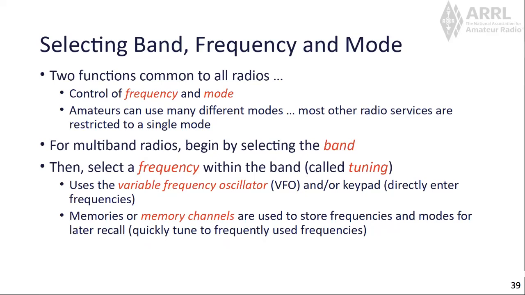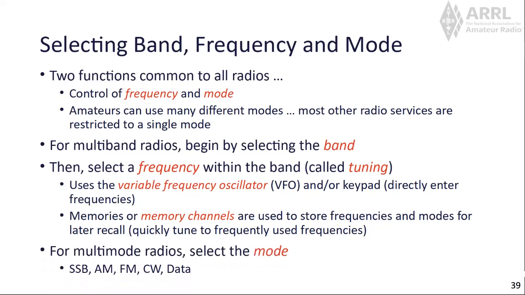It uses a variable frequency oscillator, or VFO. That's one way, turning the knob, or some radios have a keypad. You can punch in the frequency on the front of the radio. It depends on the radio. There are also memory channels. I like memory channels because once you have programmed a memory channel, when you go back to that channel, it selects the band, the frequency, and the mode just by touching that one button.